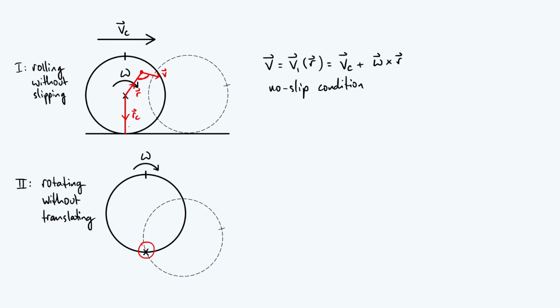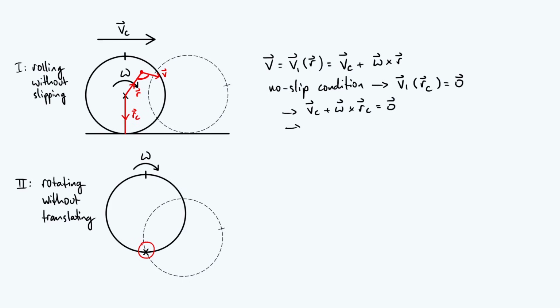In other words, the particle with position vector rc has a velocity of 0 instantaneously. All that means is if we were to evaluate v1 at the particular position vector rc, we're supposed to get 0, otherwise it is by definition slipping. So if you just replace the r in our generic v1 of r expression with rc, you conclude that vc plus omega cross rc is equal to 0.